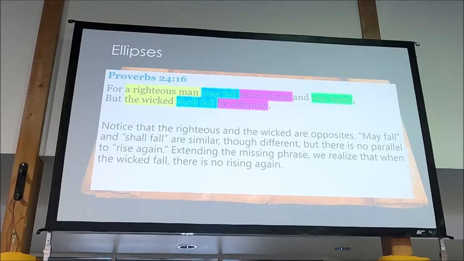It's complete. They may fall, and notice again the subtle difference between the righteous and the wicked as far as falling. What's the difference between may fall and shall fall? So what does it tell you about righteous and wicked people?